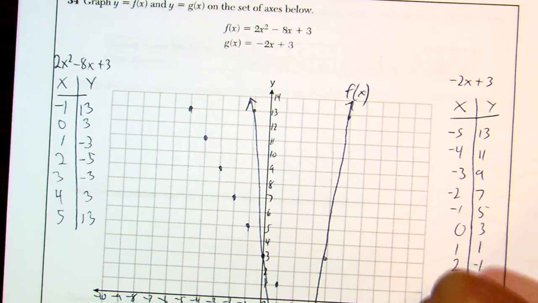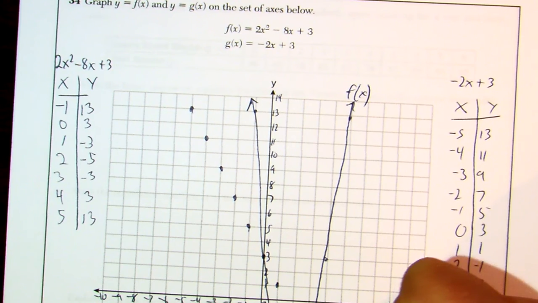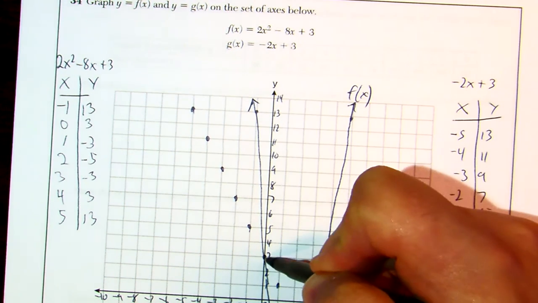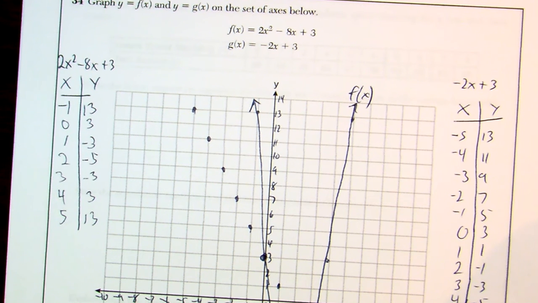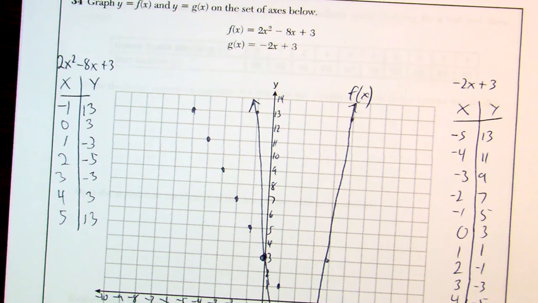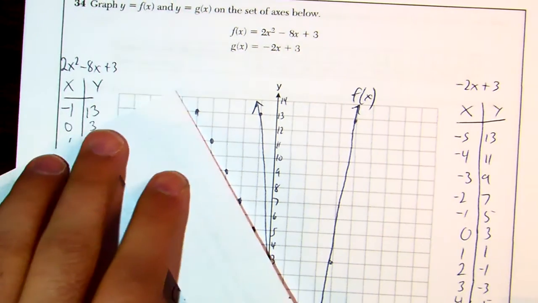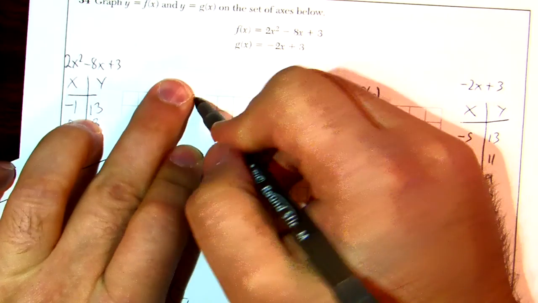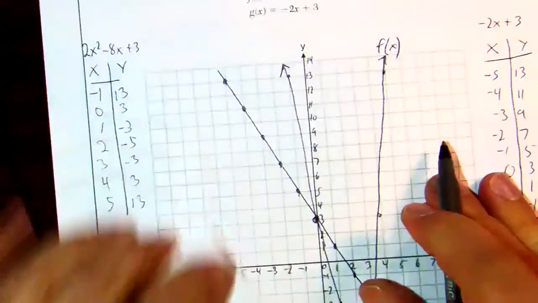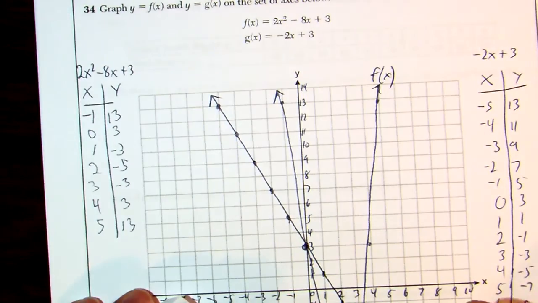You just don't want to go where it hits it once, because we find out it actually hits it twice, here and here. And use our straight edge that I created here. Arrows at the end.